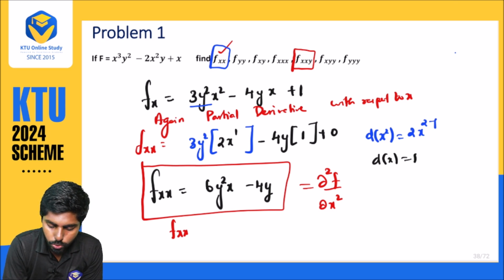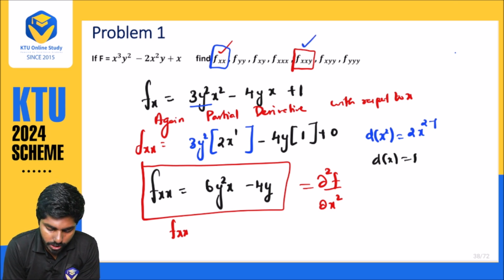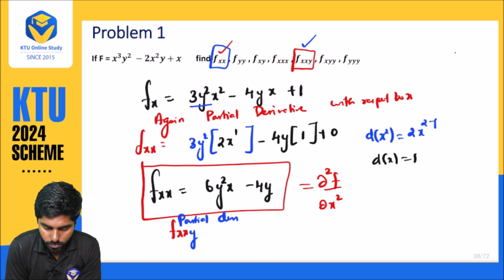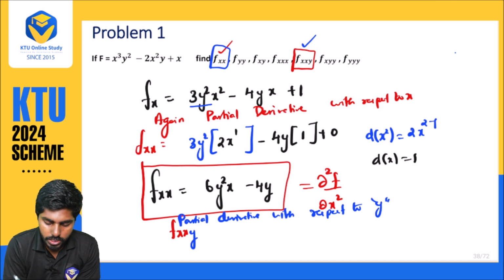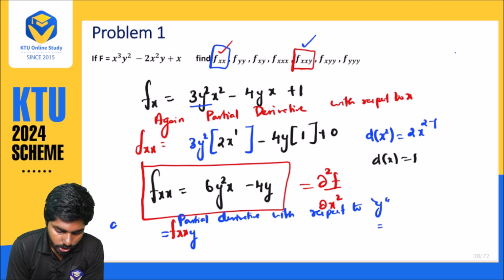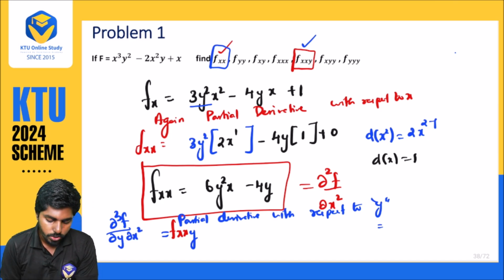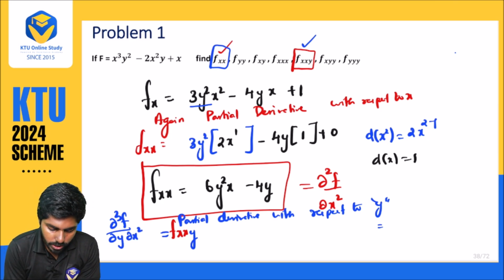Now we are doing this sum, the partial derivative with respect to y. It is third order, which we can also write as dou cube f divided by dou y into dou x square. This is what they have asked.